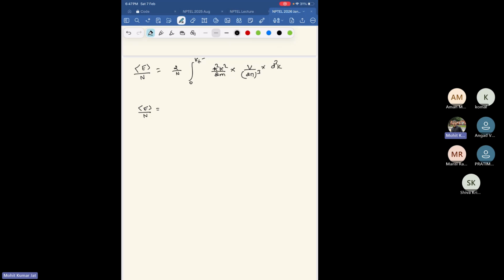So if I just solve this one, d³k I can write as 4πk² times dk.